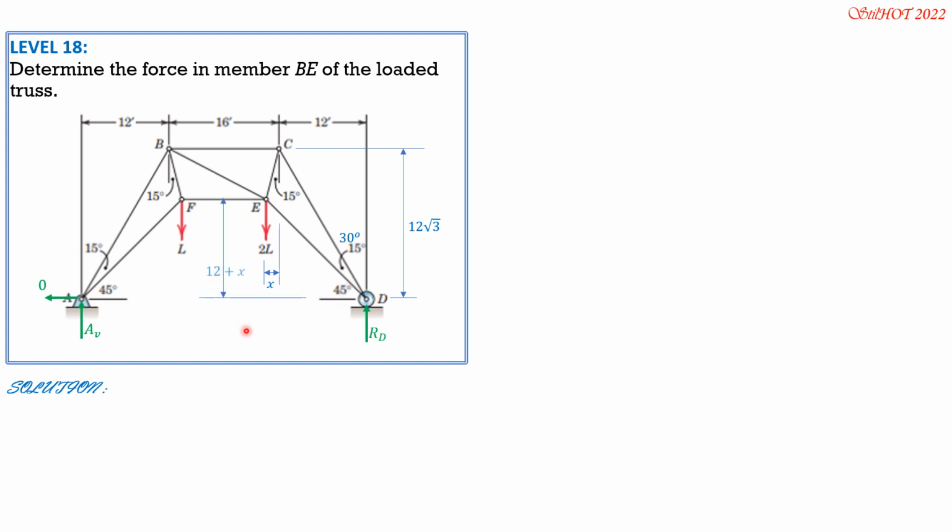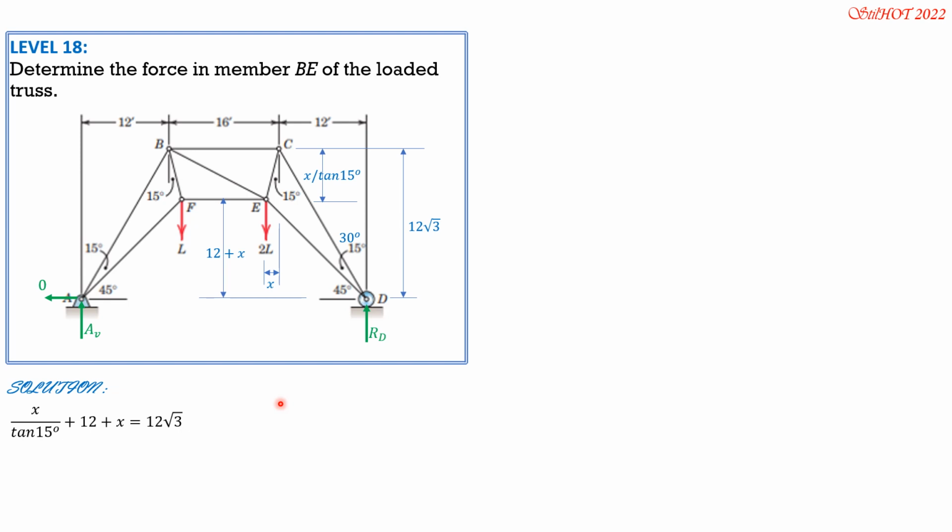Then in this right triangle, tangent of 15 degrees is x over this distance. Therefore, this distance is x divided by tangent of 15 degrees. So from the figure, x divided by tangent 15 plus 12 plus x equals 12 square root of 3, so that we can solve for x.